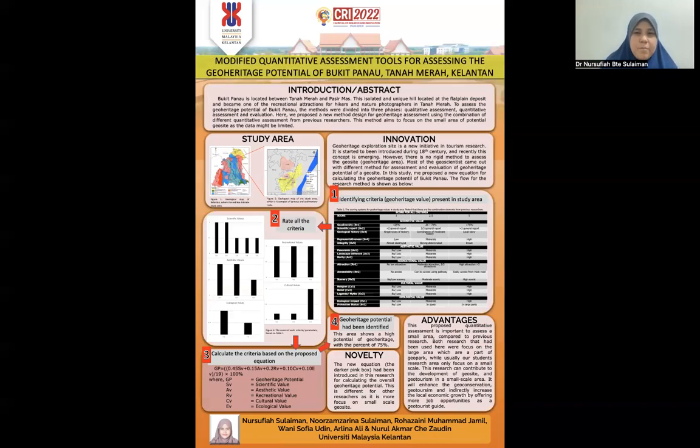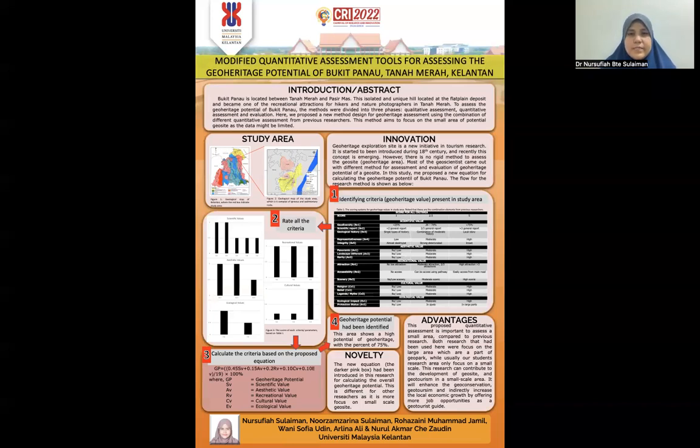So compared to other researchers, the previous research actually focused on large areas or large scale, for example, like I mentioned, the geopark area. So under the geopark, of course, we have lots of geosites, right?